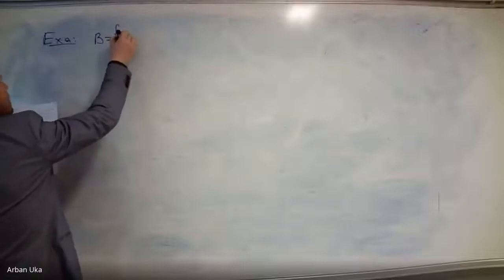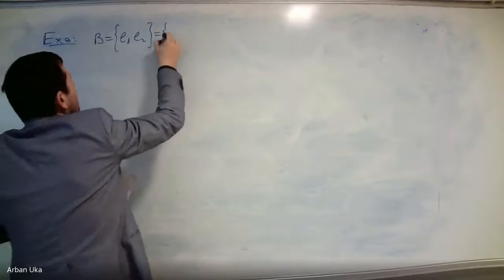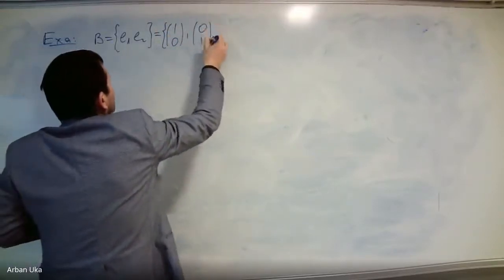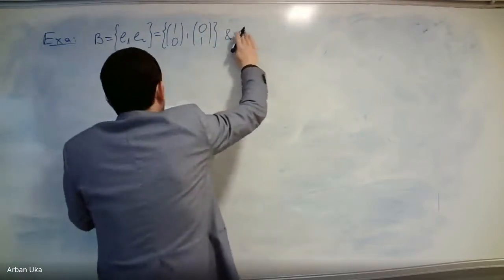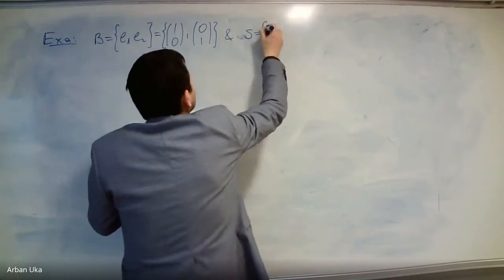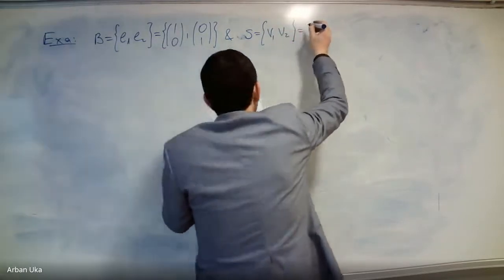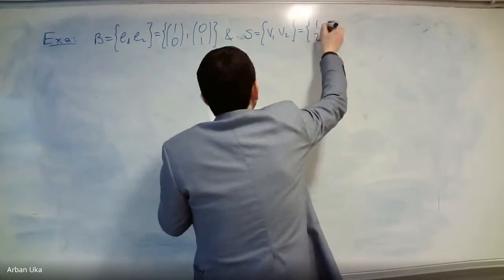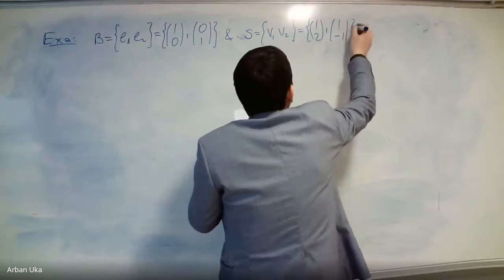which is composed of E1 and E2. And E1 and E2, we denote this as the basis, which is (1, 0), (0, 1). And we have also another basis S, which is composed of two vectors, V1 and V2, which we can denote as (1, 2) and (1, -1).